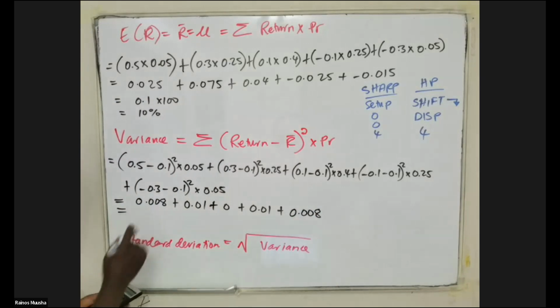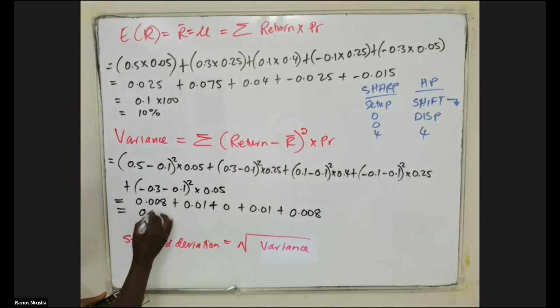And if you add them up together, you should be able to get 0.036. Are we on the same page? Any questions? Anyone lost?